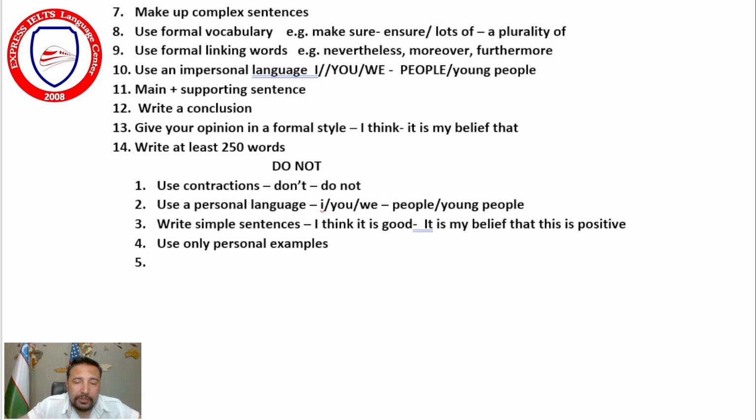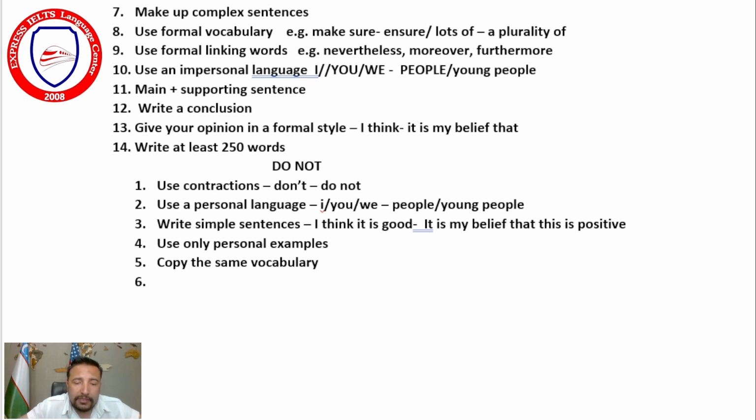Okay, do not copy the same vocabulary. It is a very important thing. For example, it is better to use synonyms like important, essential, vital, significant, but do not copy the same vocabulary. It is a very important thing.